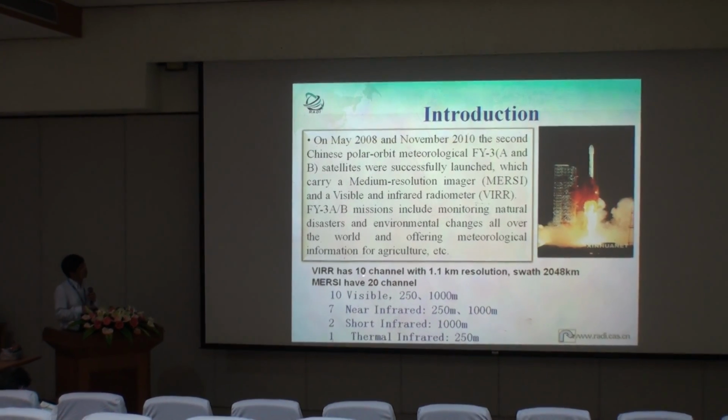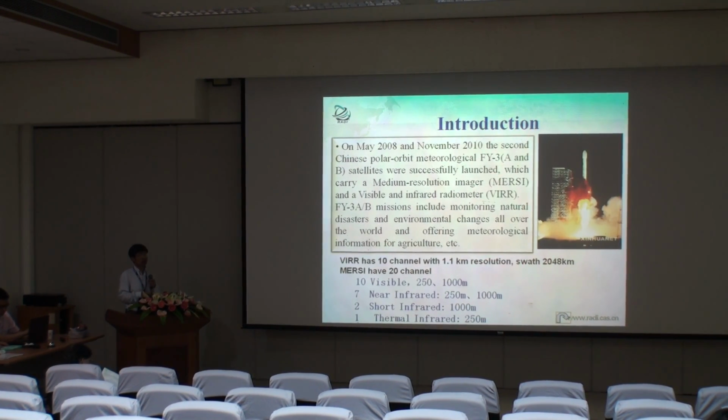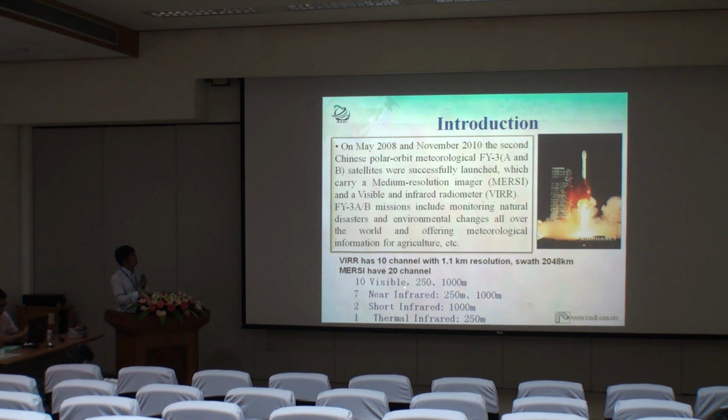The VIRR has 10 channels with 1.1 kilometer spatial resolution, and this is similar to the NOAA AVHRR. And the MERSI has 20 channels: 10 visible bands with spatial resolution of 250 and 1,000 meters, 7 near infrared channels with 250 and 1,000 meters, and 2 short infrared channels with 1,000 meter resolution, and 1 thermal infrared channel with 250 meter resolution.